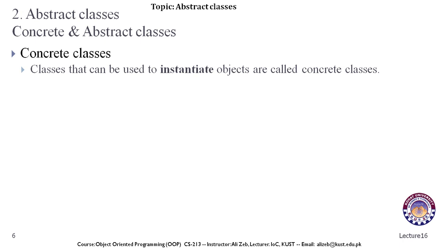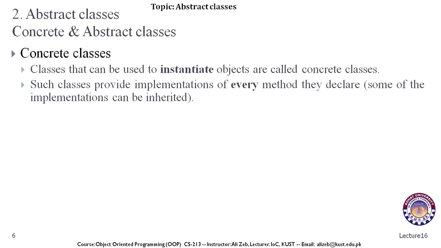Alternatively, we can say that we cannot declare objects of the abstract classes. That is why an abstract class is an incomplete class. A concrete class should provide implementations of every method it declares. Some of the implementations can be inherited.